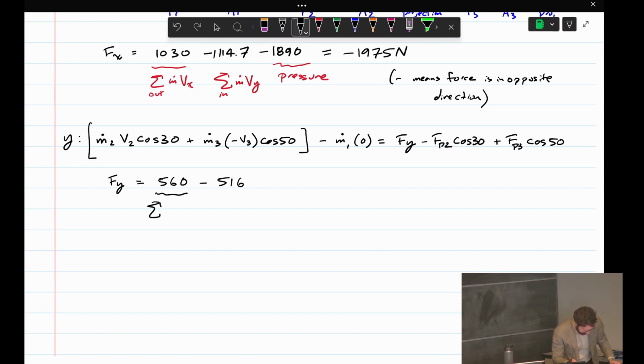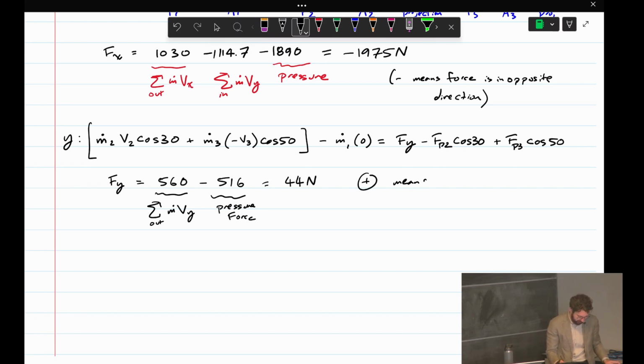So this is the momentum flux, and then this is the forces being applied. So 44 newtons, and again, we got it positive, which means we assumed the right direction.